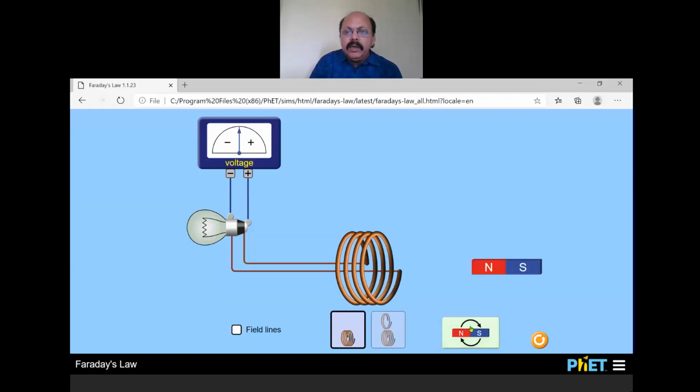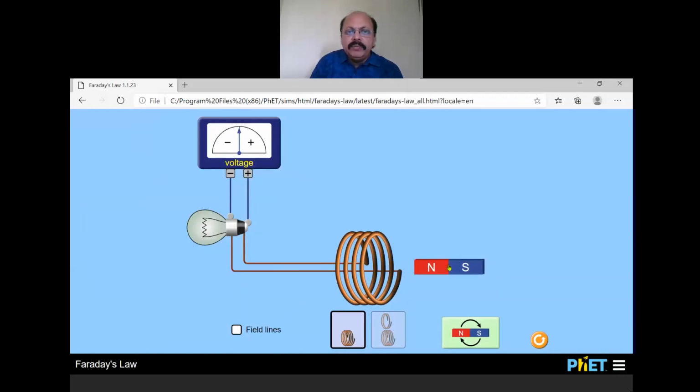Now, if we move the magnet faster with its north pole towards the coil, then you see that a large deflection takes place in the galvanometer and the bulb glows.